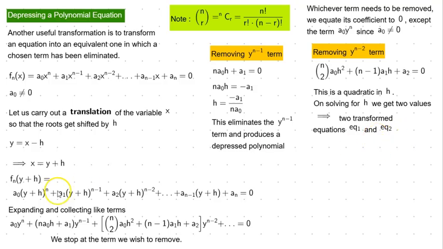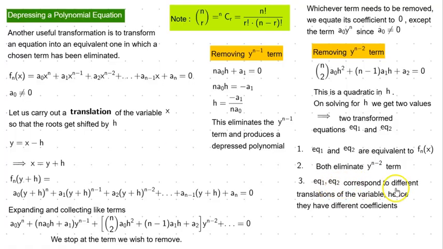Let's say equation 1 and equation 2. Now equation 1 and equation 2, both are equivalent to f sub n of x. Both eliminate the y to the power of n minus 2 term. Equation 1 and equation 2 correspond to different translations of the variable. Hence, they have different coefficients. So equation 1 is not equivalent to equation 2.